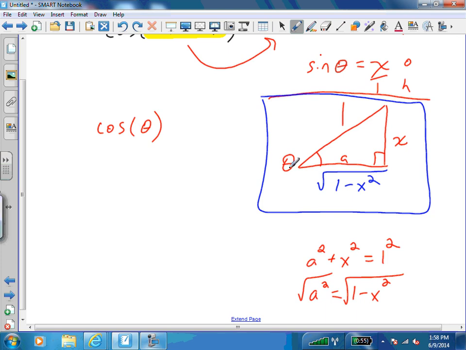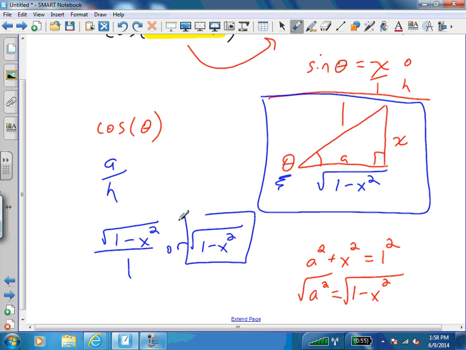So if we want cosine under these restrictions, remember that's adjacent over hypotenuse. So adjacent divided by hypotenuse. So the picture is the whole key to the problem.